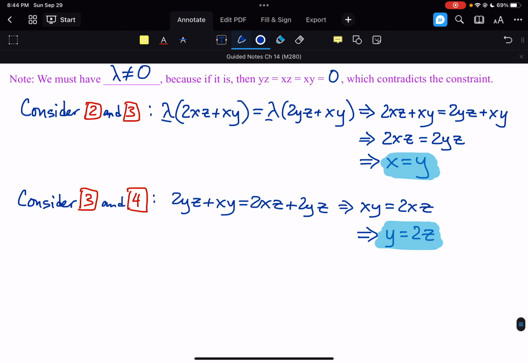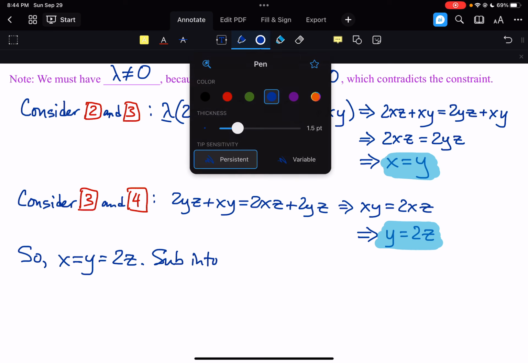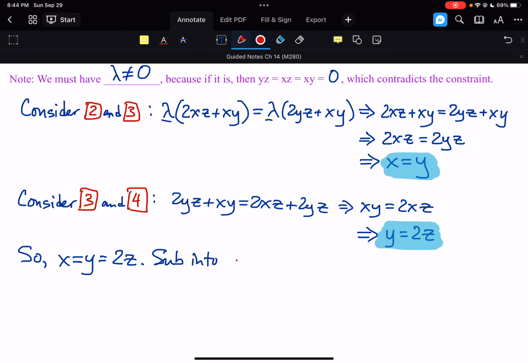This is giving us a definitive relationship: x equals y equals 2z. Now we can substitute these values into the constraint.